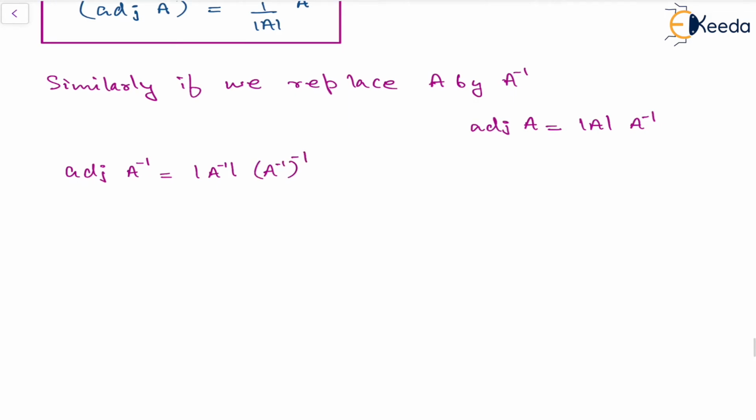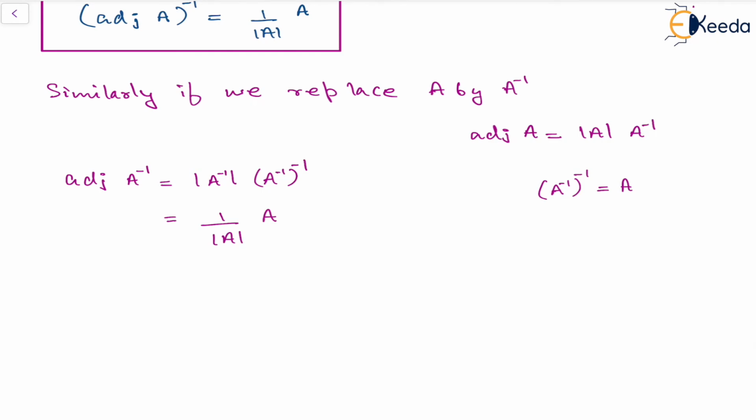And again, as we know that determinant of A inverse will become 1 by determinant of A, and A inverse inverse will become A. So this is determinant of A in the denominator and the matrix A in the numerator.